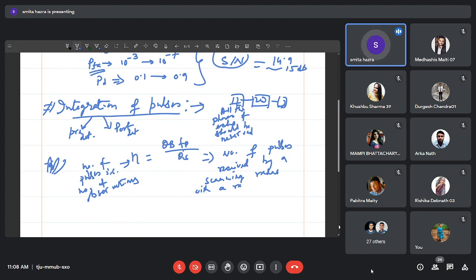So theta b is the interaction area. The rate of the scanning is theta dot degrees per second, and the rate of PRF, that means the rate at which this beam will appear, that value is 80. So if these are the specifications of the scanner, then the number of pulses we obtain is as follows.